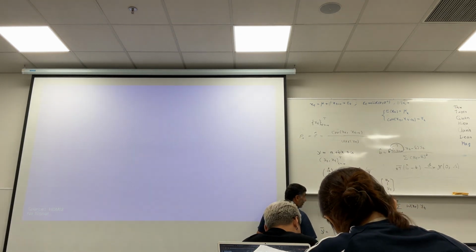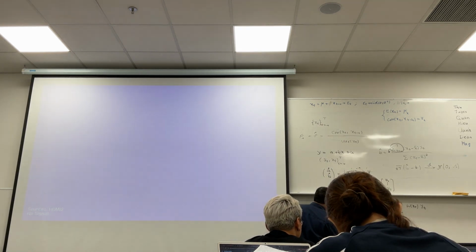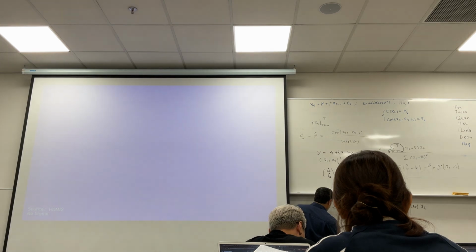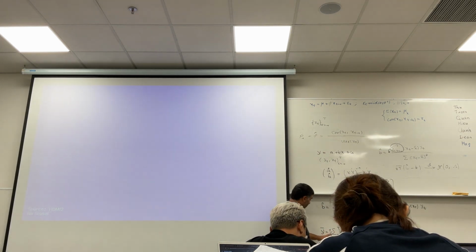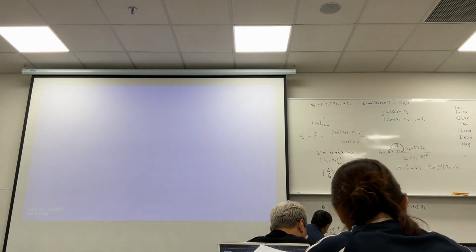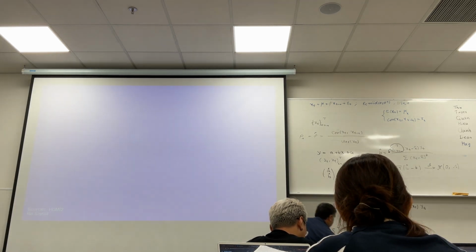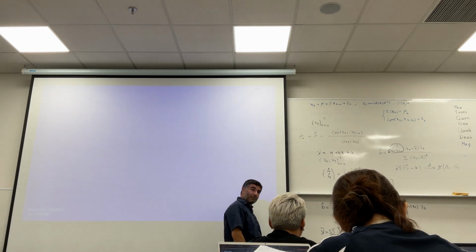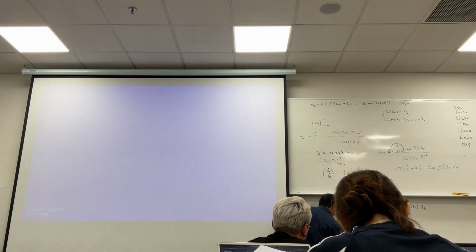So what is y bar? y bar is the summation over t from 1 to T of 1 over T times y_t. That's also a weighted sum. Indeed, I can take this in and write it as the summation over t from 1 to T of 1 over T times y_t.